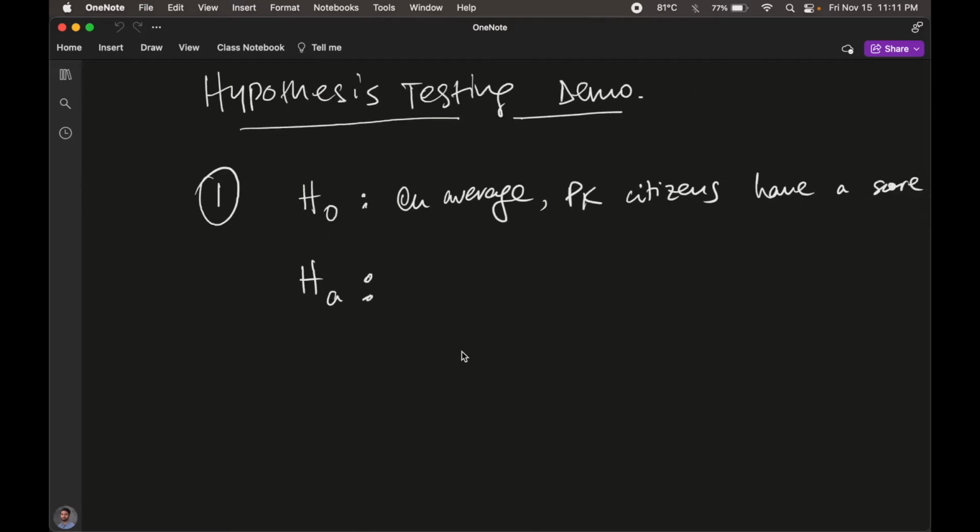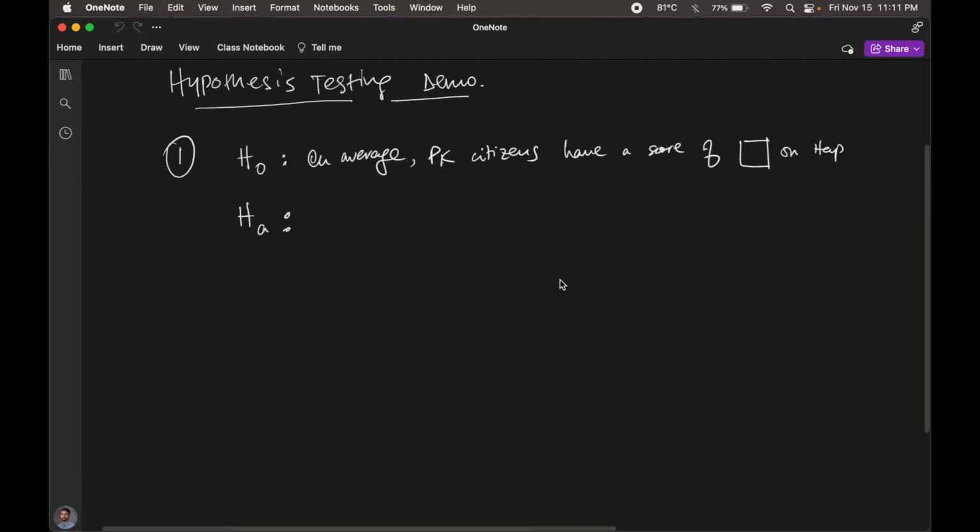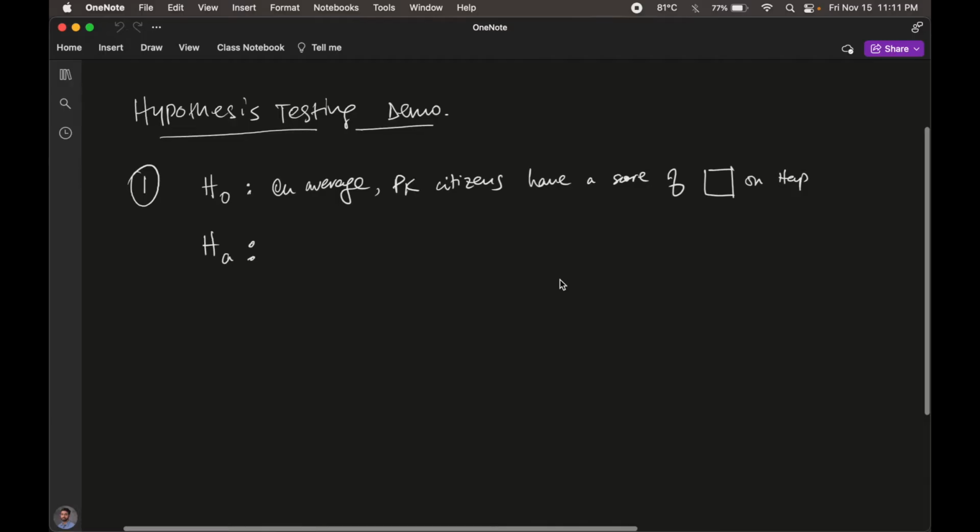I'll zoom out. The handwriting is not the best, but I am speaking this out loud also. So on average, Pakistan citizens have a score of this on happiness index. So that is my null hypothesis.